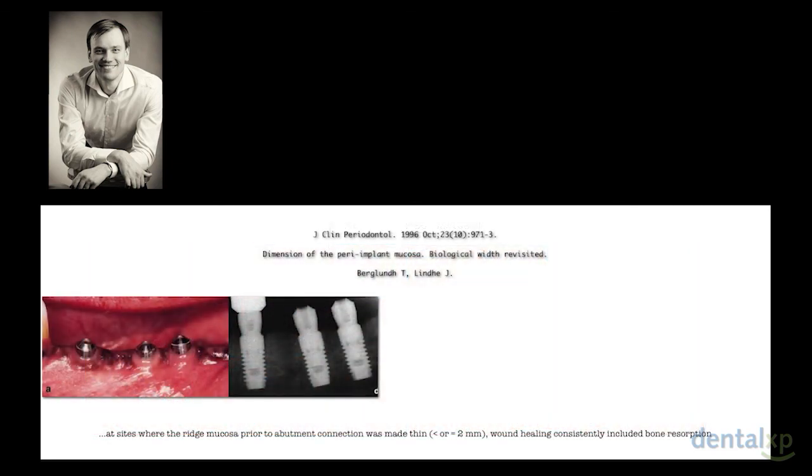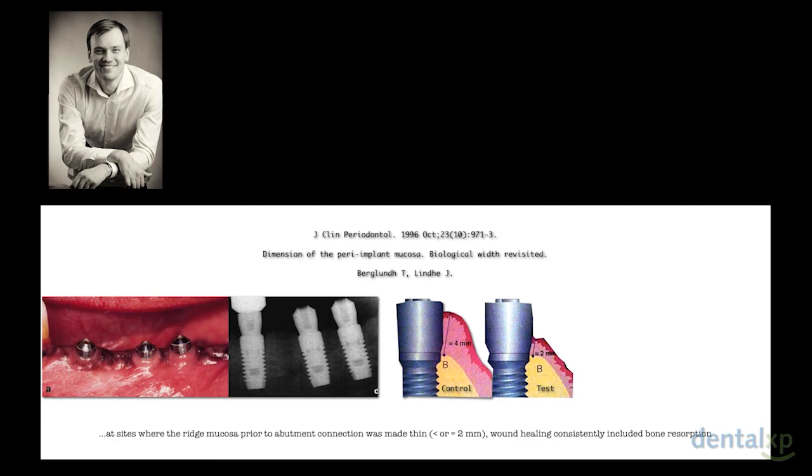Well, and when people, because I've been lecturing on this topic for quite a while, say, well, what you did is interesting, but this is what was known before, I always start my lectures by quoting this paper of Berglundh and Lindhe, Dimensions of the Peri-implant Mucosa, Biological Width Revisited, because they were the first to identify the influence of vertical soft tissue thickness on crestal bone resorption.